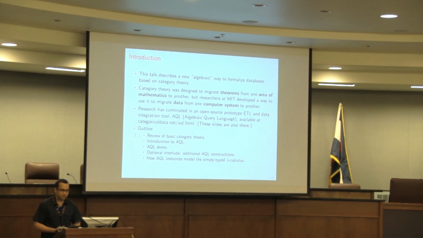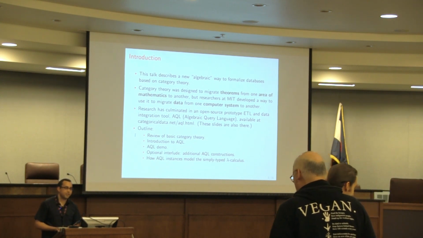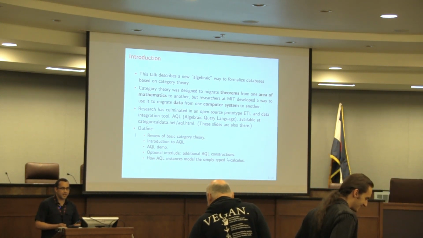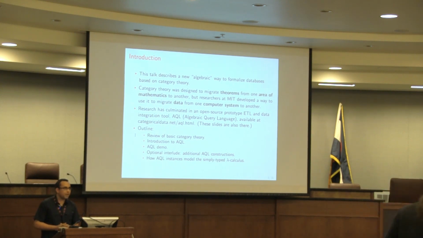And then David and some other folks at MIT realized that you could use category theory to migrate data from one computer system to another. So this whole talk is about using category theory to reason about and manipulate data.